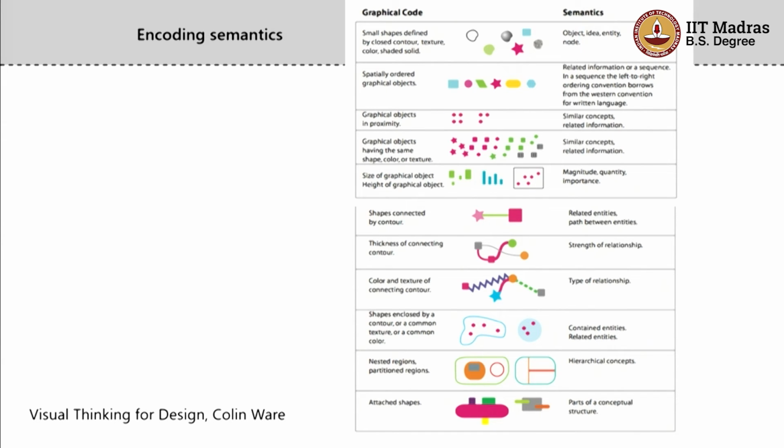Shapes enclosed by a contour, or a common texture or common color background, are contained entities or related entities. Nested regions and partitioned regions are hierarchical. Attached shapes are parts of a conceptual structure.